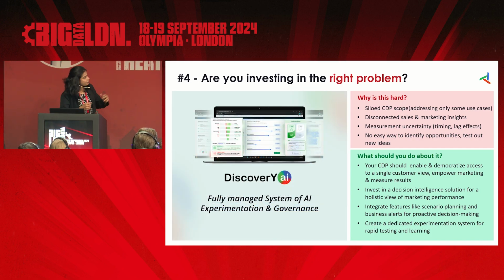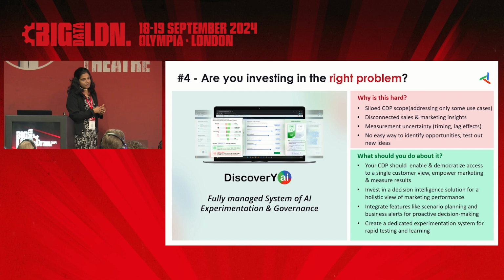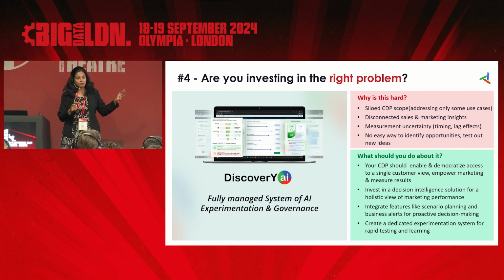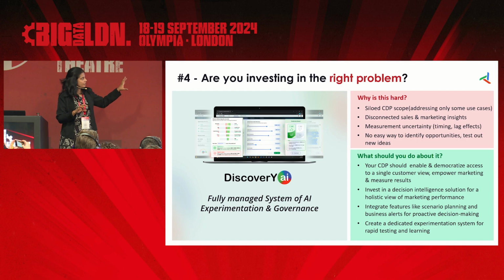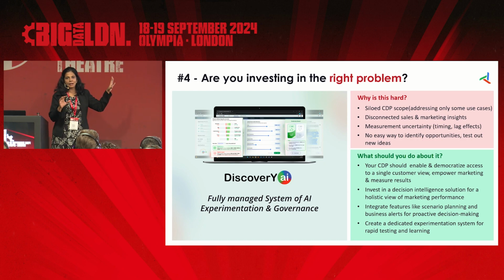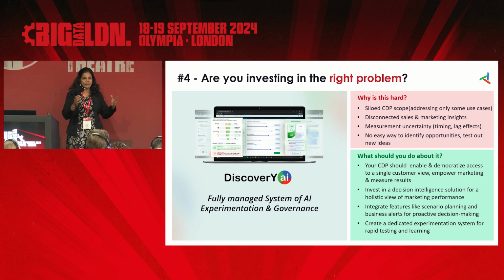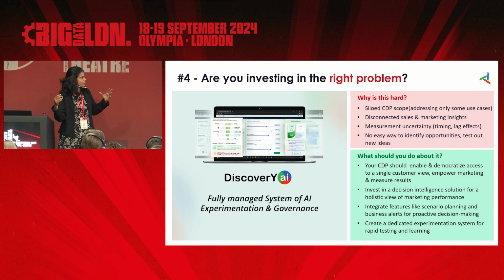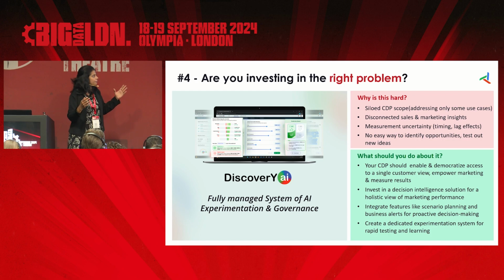So at InfoCepts, we have a couple of solutions to support the system of experimentation and the system of insights. We have a solution called Discovery AI, which enables companies to do end-to-end AI experimentation and governance. I have an example here today, which I may or may not be able to show due to time, but do feel free to drop by the InfoCepts booth.